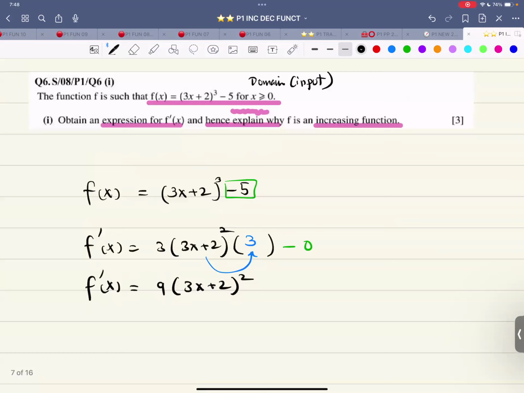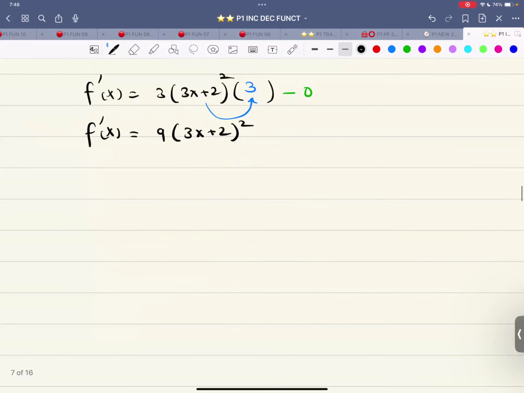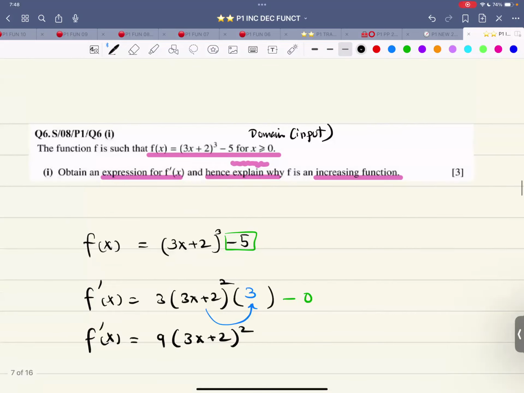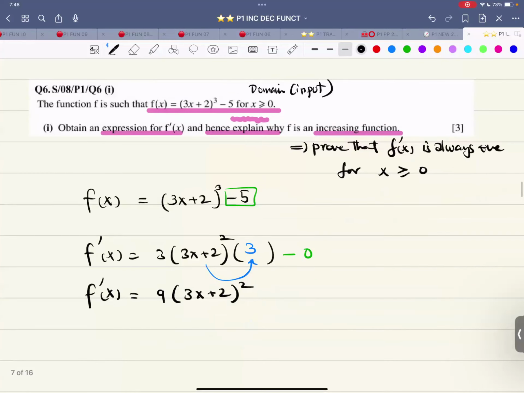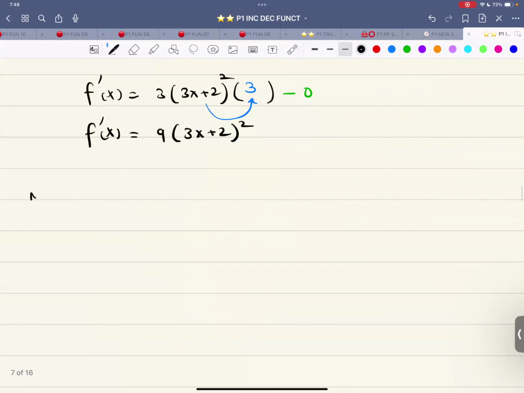For this domain, I have to prove that this will always be positive. So f is increasing, basically prove that f'(x) is always positive for x greater than or equal to 0. That is the strategy. So now let me do method 1.